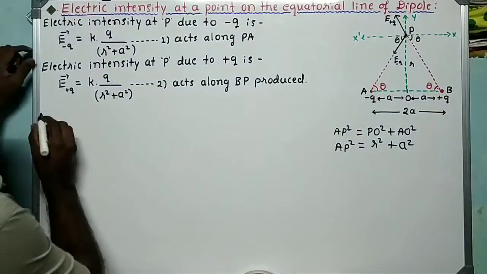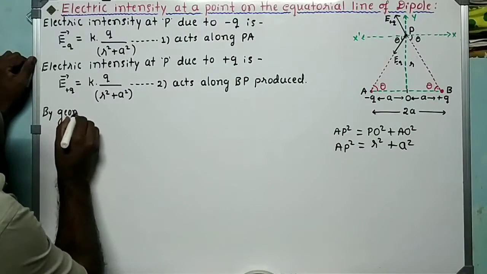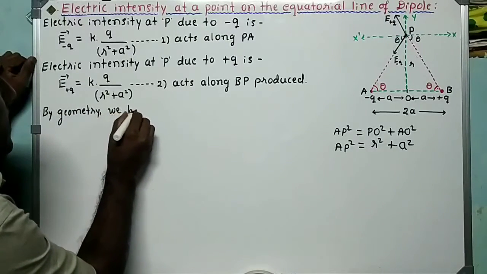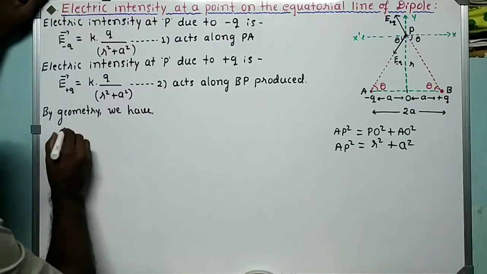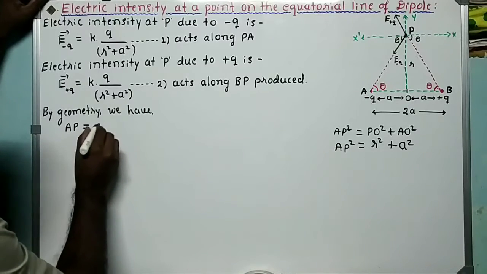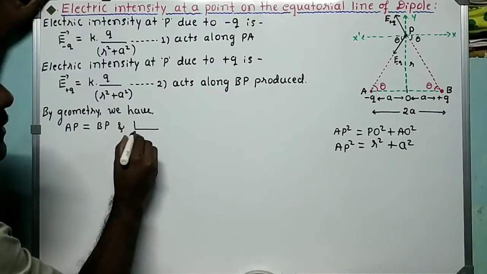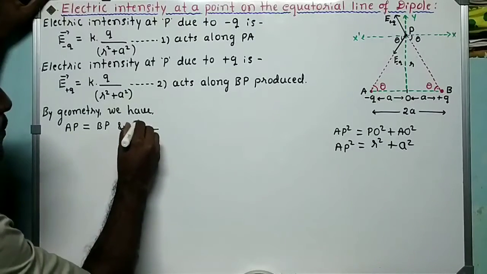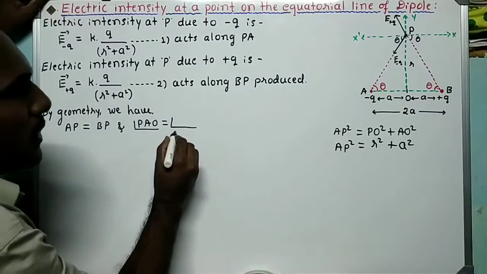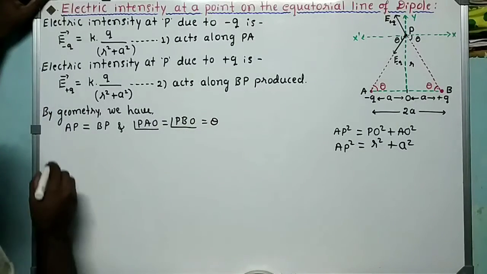By geometry, AP is equal to BP and angle PAO is equal to angle PBO, which is equal to theta.